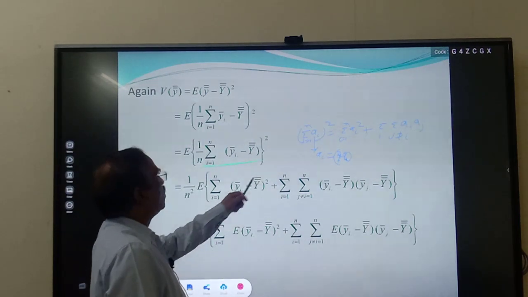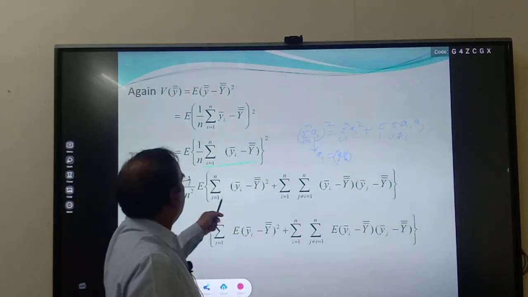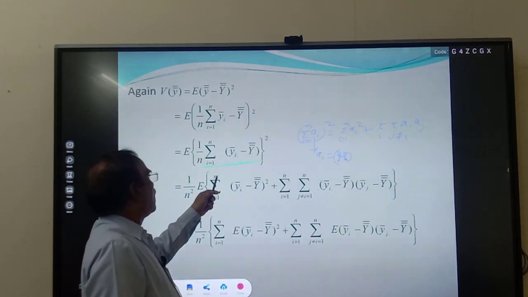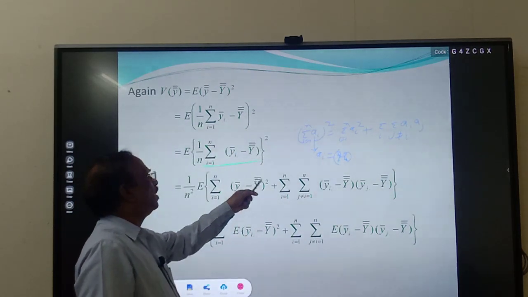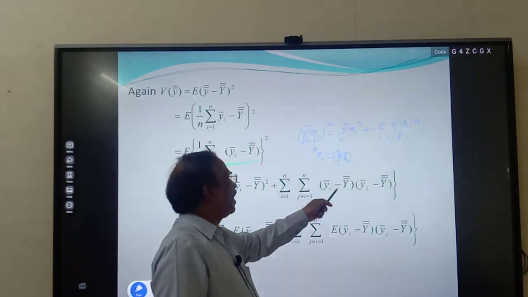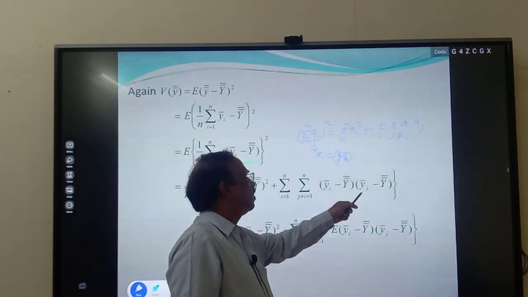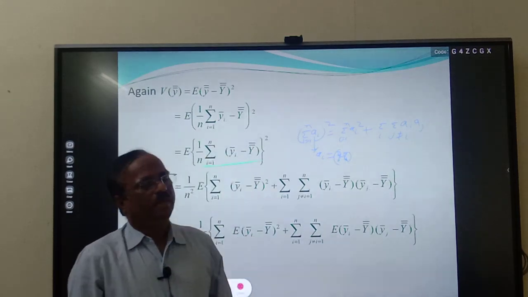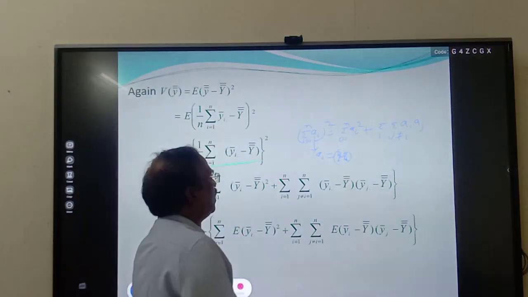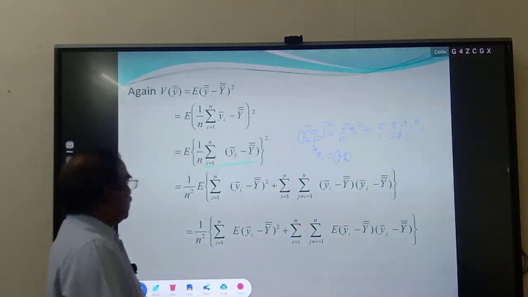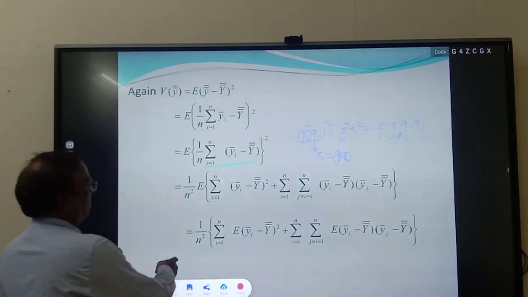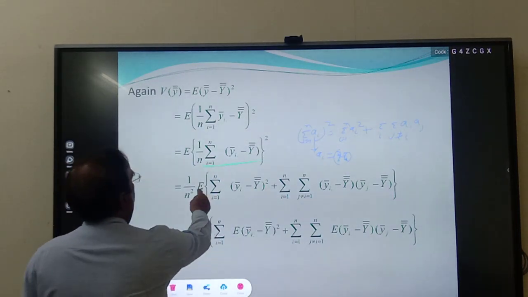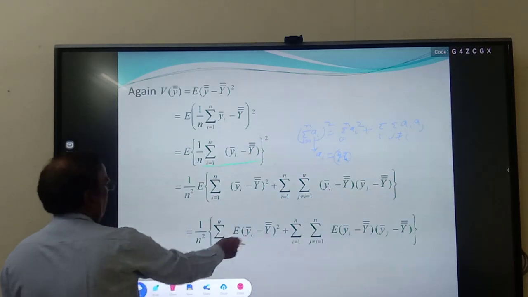So this becomes the sum of ai square. This comes out to be the sum over i of yi dot bar minus Y double bar, whole square, and here yi dot bar minus Y double bar, and here yj dot bar minus Y double bar. And we can extend the expectation like this.